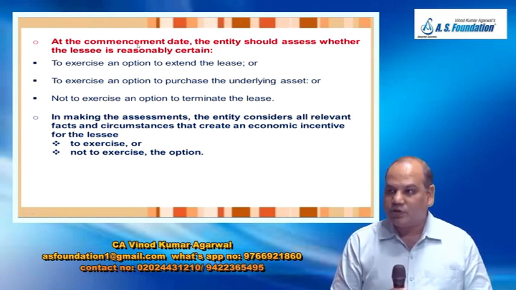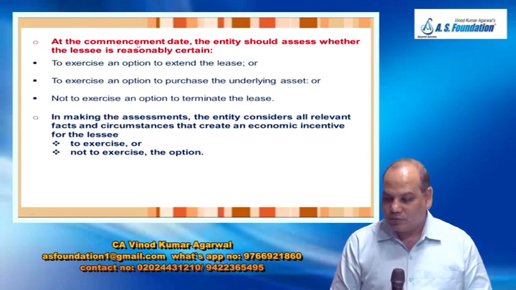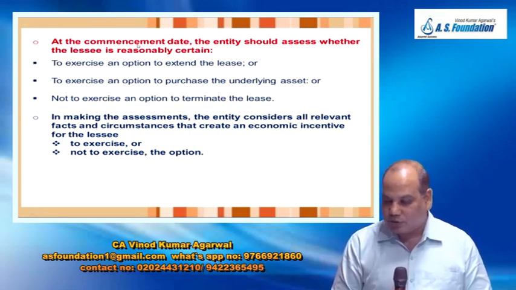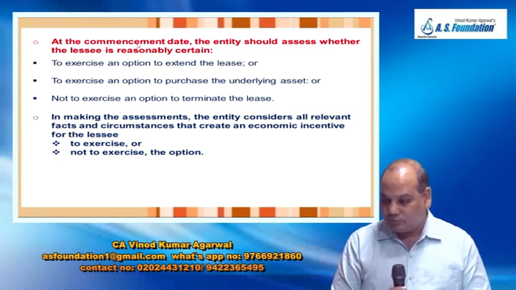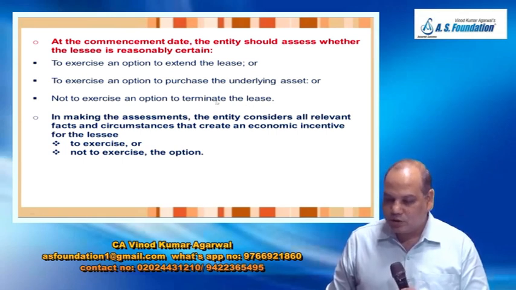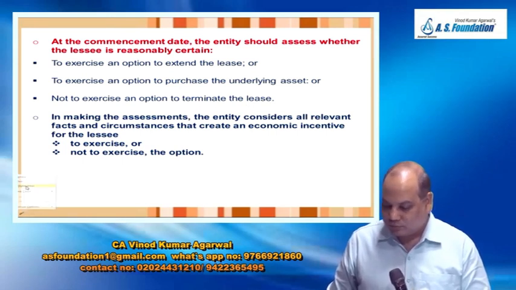So at the commencement date, today I have to decide whether there is a reasonable certainty to exercise the extension option, or to exercise an option to purchase the underlying asset, or not to exercise an option to terminate the lease. One more line they have added now.